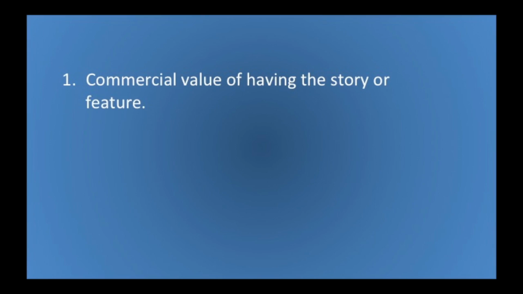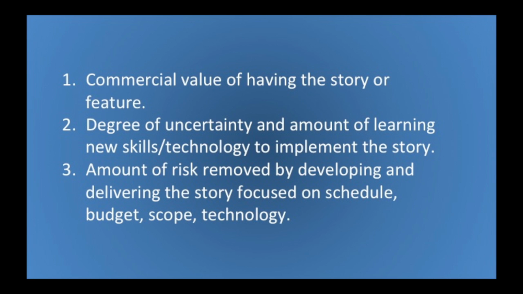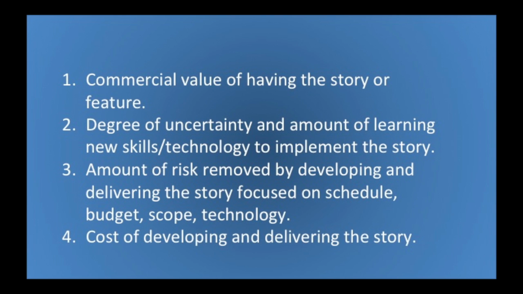Number 1, commercial value of having the story or feature. Number 2, degree of certainty and amount of learning for new skills and technology issues to implement the story. Number 3, the amount of risk removed by developing the story, focusing primarily on schedule, budget, scope, and the technology required for it. And number 4, cost of developing and delivering the story.